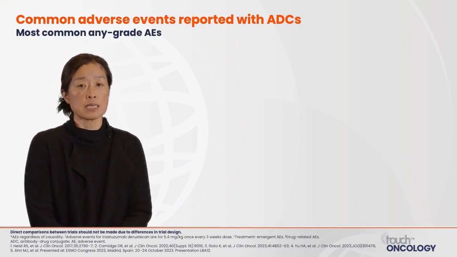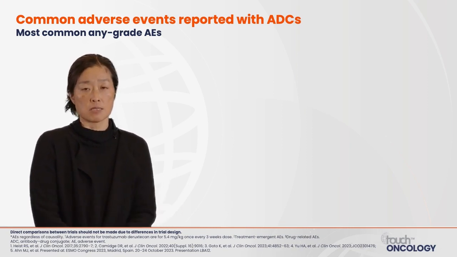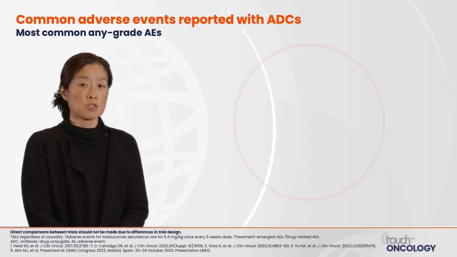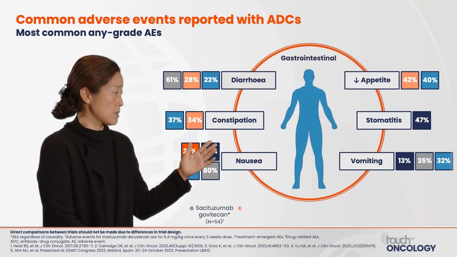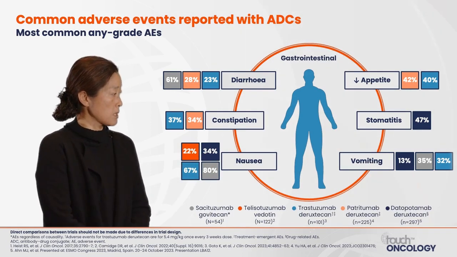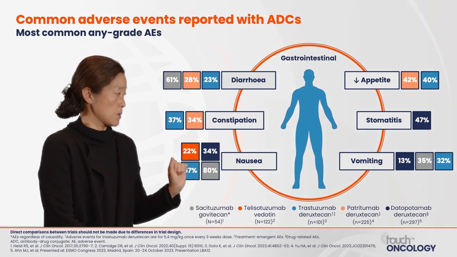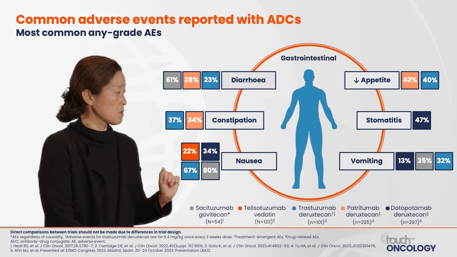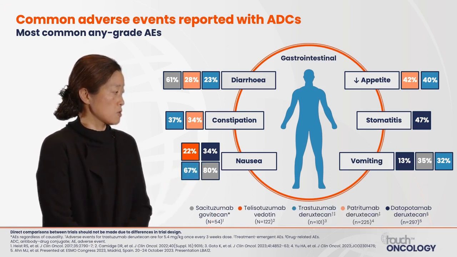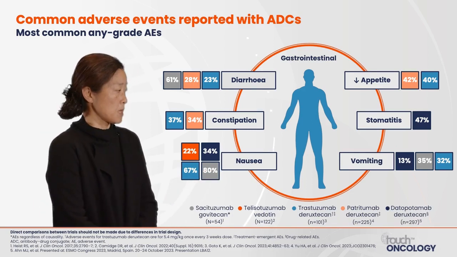And one thing to note is that the spectrum of adverse events is not just constant across these various ADCs. They all have a slightly different AE profile. Shown here is a diagram showing the gastrointestinal effects that are commonly reported. And to just orient you to this figure, in gray is the sacituzumab govitecan data, in dark orange, Teliso-V, in light blue, trastuzumab deruxtecan, in light orange, patritumab deruxtecan, and in very dark navy, datopotamab deruxtecan.